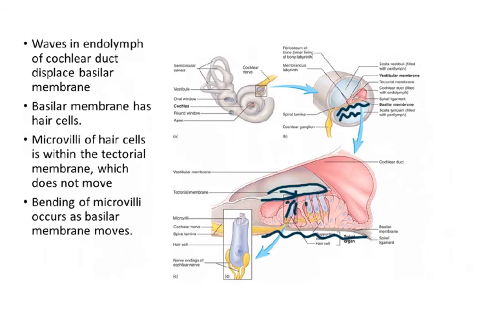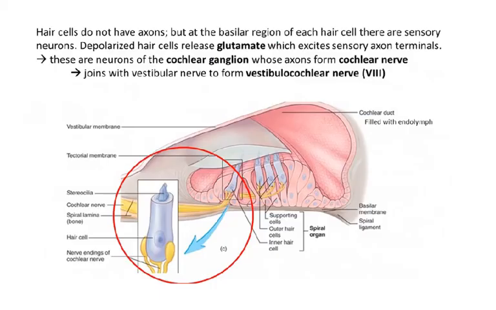So as we bend them with the basilar membrane, these depolarize, and they are going to release neurotransmitters to these yellow axons, which are synapsing with these hair cells. The hair cells themselves do not have axons, but these sensory neurons directly behind them do. So these are the sensory neurons.